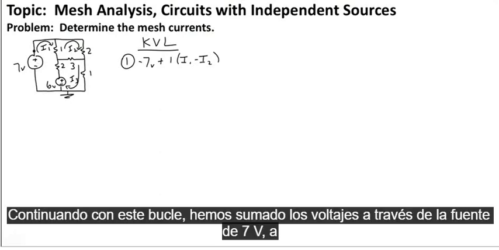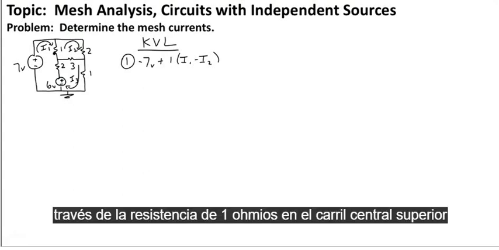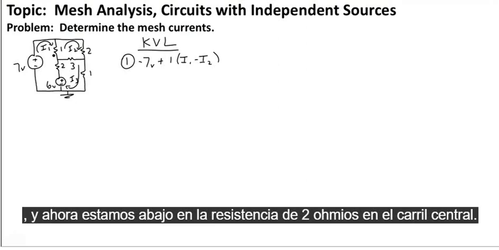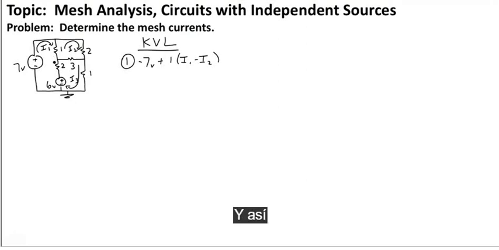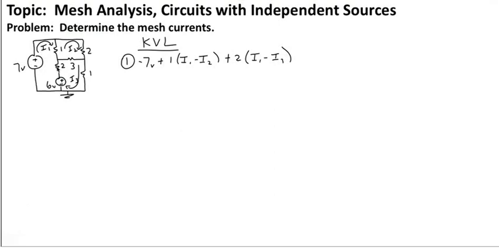So continuing around this loop, we've added up the voltages across the 7-volt source, across the 1 ohm resistor at the top center leg, and then now we're down at the 2 ohm resistor in the center leg. And so it's going to be plus 2 times (I1 minus I3), because I1 is flowing in the positive fashion through the 2 ohm resistor.